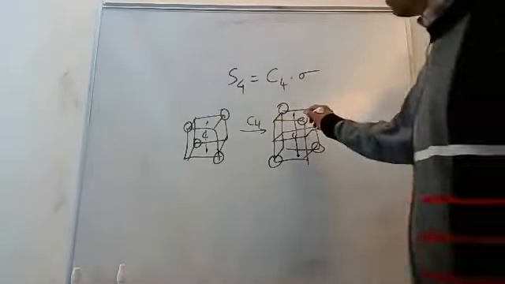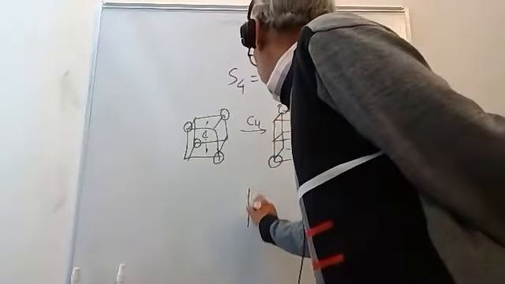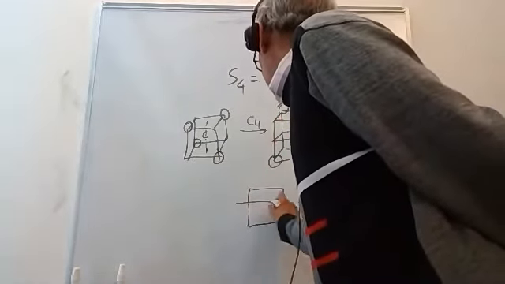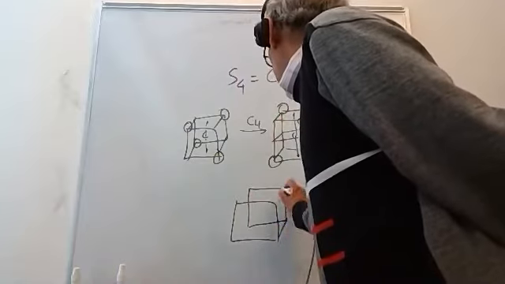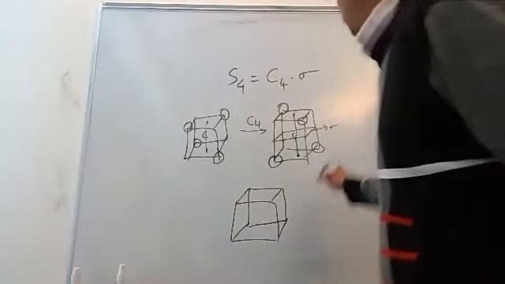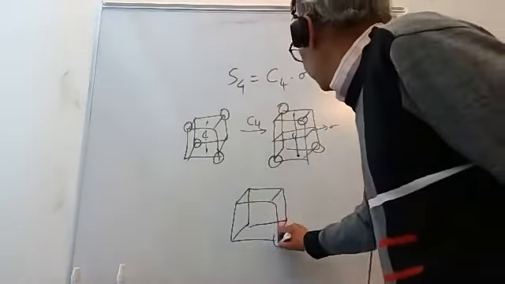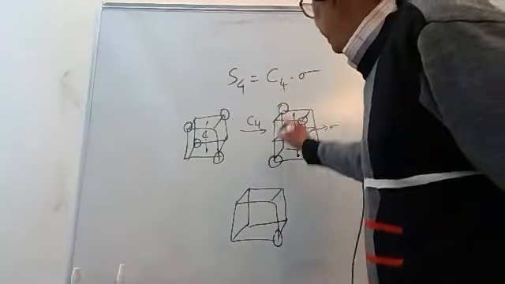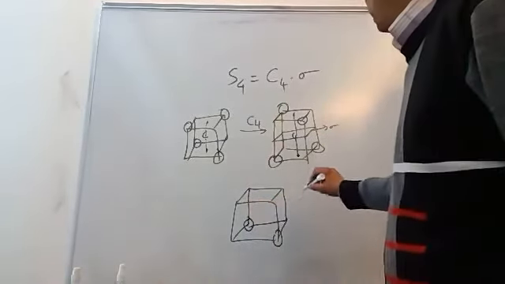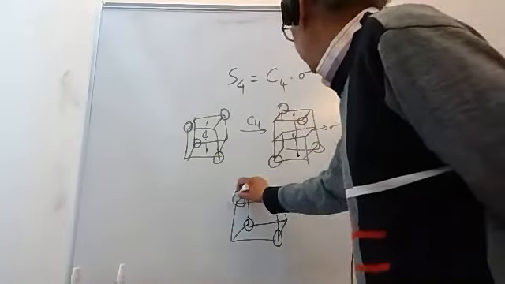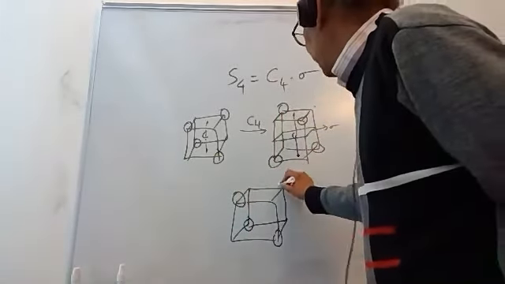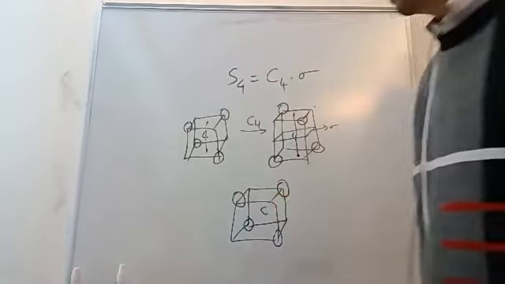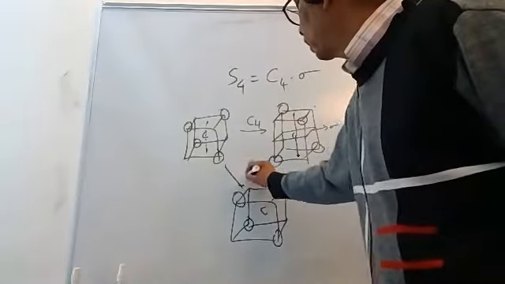When I do this reflection, this atom goes down here, and that atom goes down there, and this atom comes up here, and this atom goes up there, and the C remains here. Does it look similar to this?